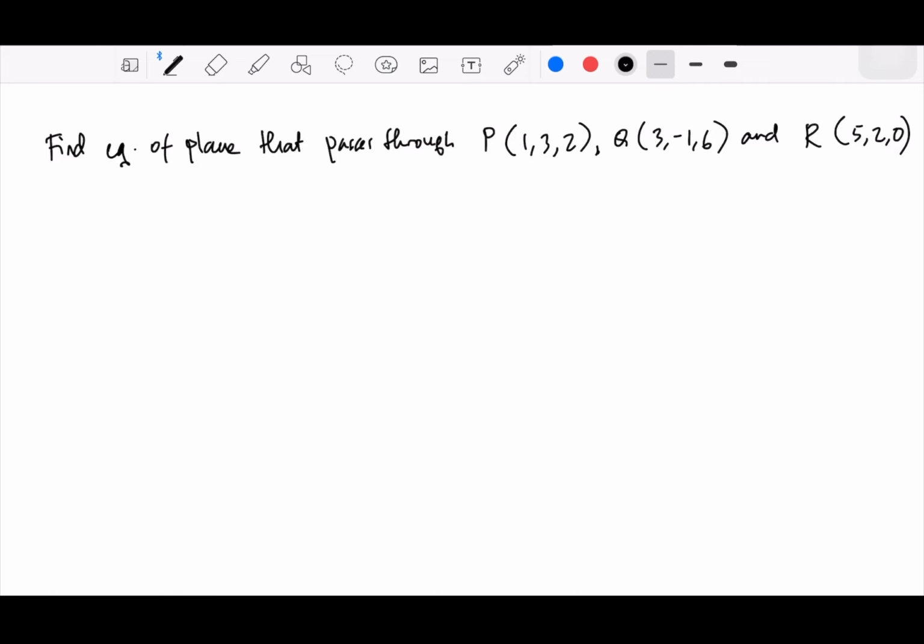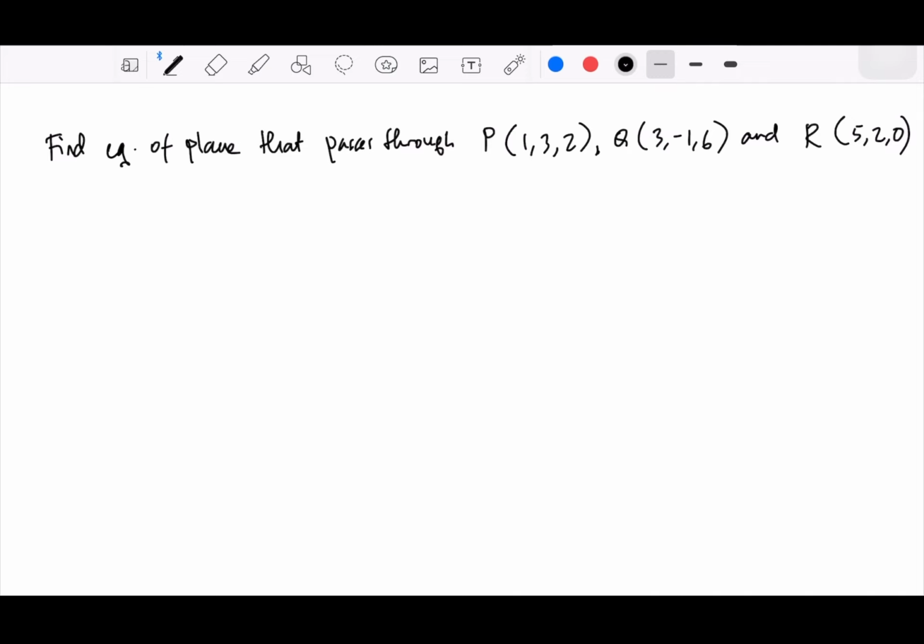So the idea behind this question is first we need to decide our vectors. We can have vectors from P to Q and then Q to R, at least two vectors. And from those 2 vectors, we can decide how we can get the normal vector.